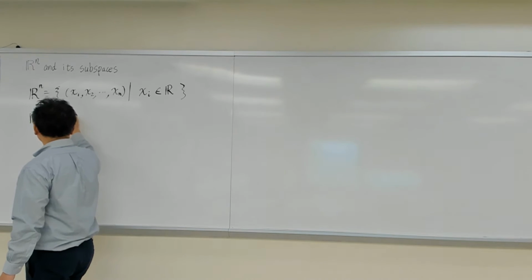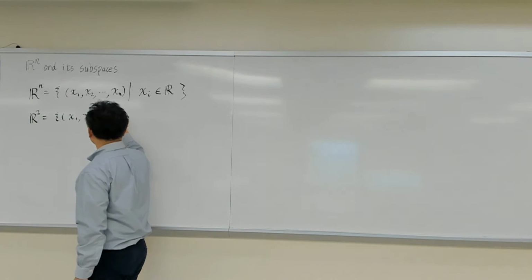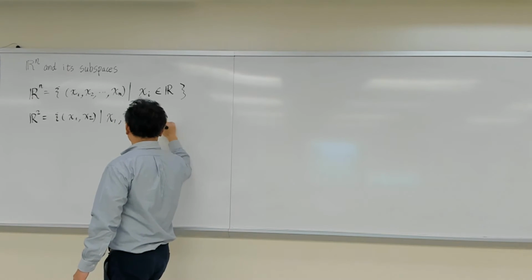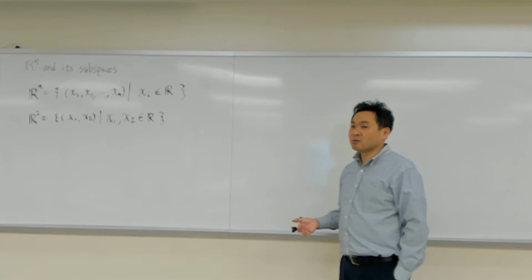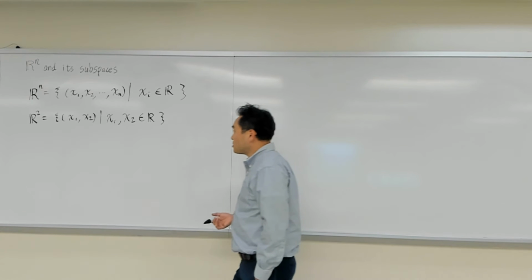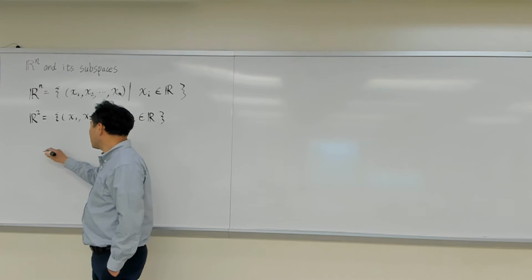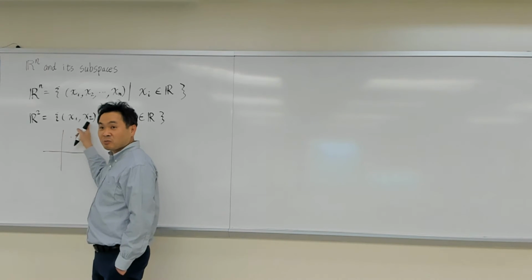R2 will be pairs of numbers, where both of these are in R. And that's what you've been working with for your entire Calculus 1 and 2 class, right? You have a coordinate system to talk about points on the plane, right? So all of these points on the plane will come with two numbers.